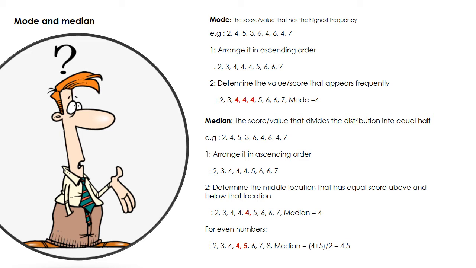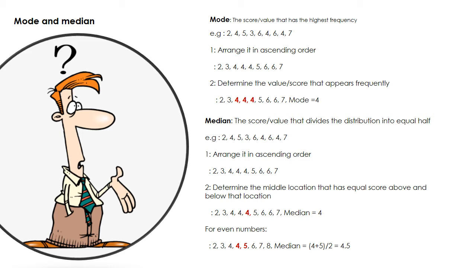The highlighted 4 and 5 is the location where you will have equal distribution above and below. If you notice, with this location 4 and 5, there are 3 scores below and 3 scores above.